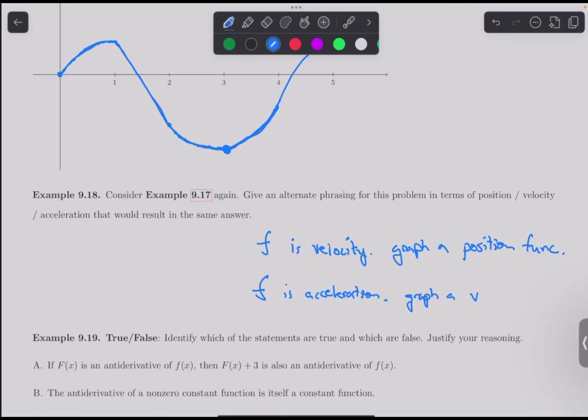Graph a velocity. So here's an alternate option, right? So again, you just need to remember that acceleration is the derivative of velocity. So you're given a derivative function and you want to find where did you start, aka an antiderivative.